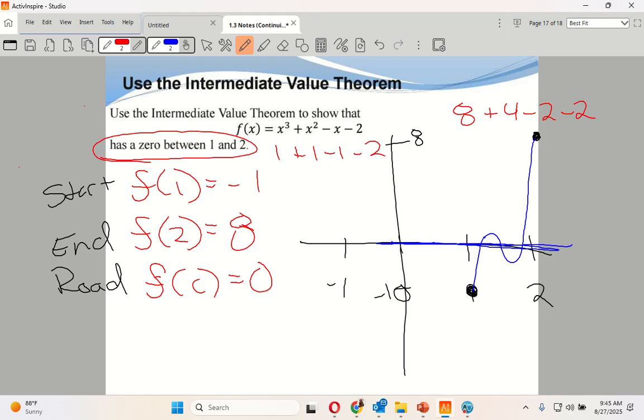Is it possible to have that? So I could tell you that this crosses how many times?